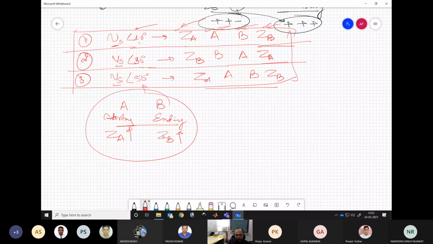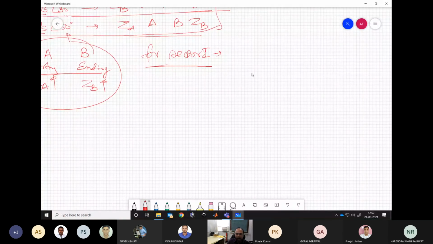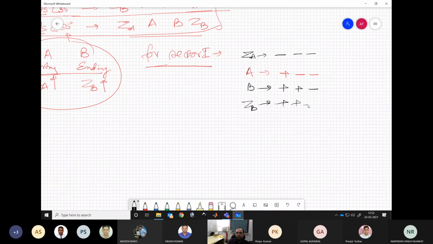So let's say for sector 1, I can write A, B, ZA and ZB. So let me first write A, that will be plus minus minus. And then my B will be plus plus minus. Then ZA will be minus minus minus and ZB will be plus plus plus.